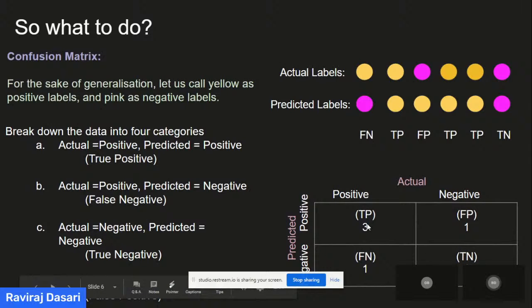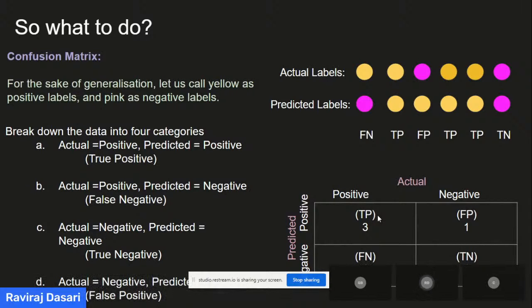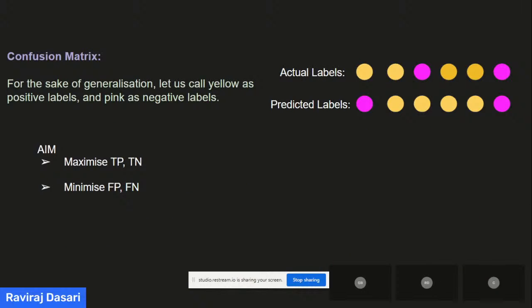So the first box and the fourth box will be the correct predictions, and if you sum up all the boxes, that will be your total predictions. So what is the accuracy? Accuracy is 4 divided by 6, that is again 66.7.